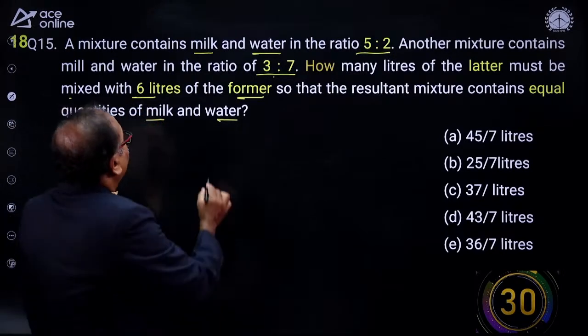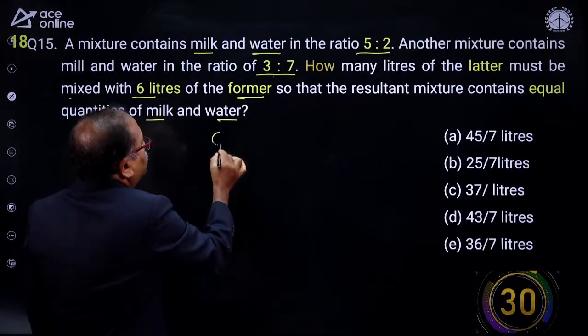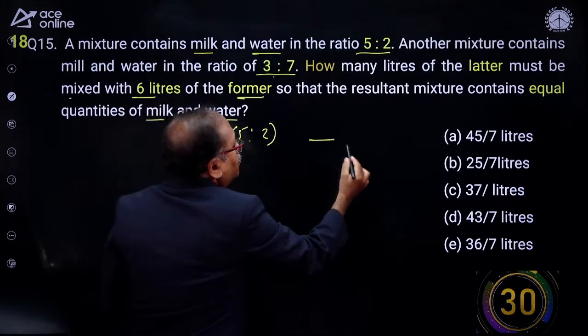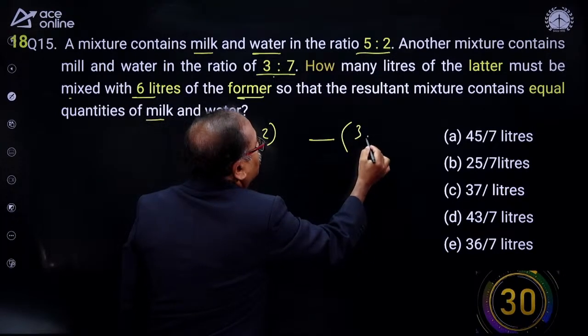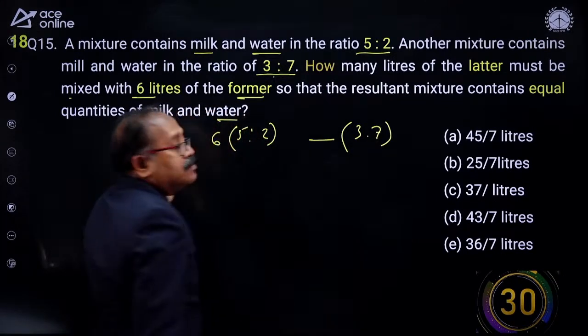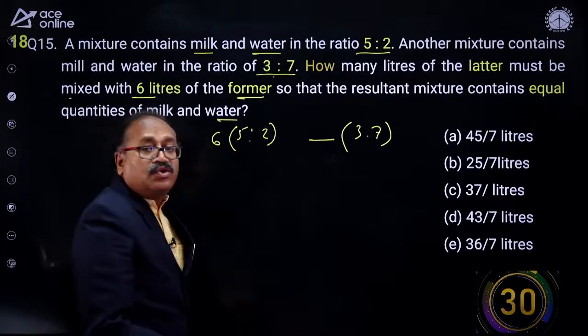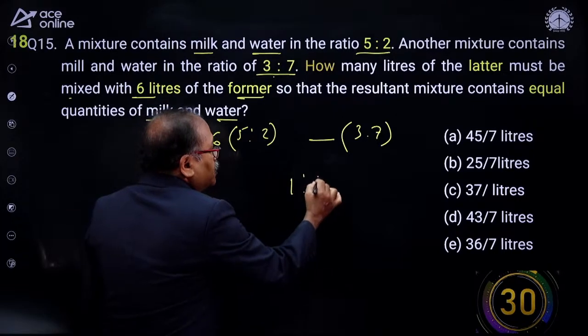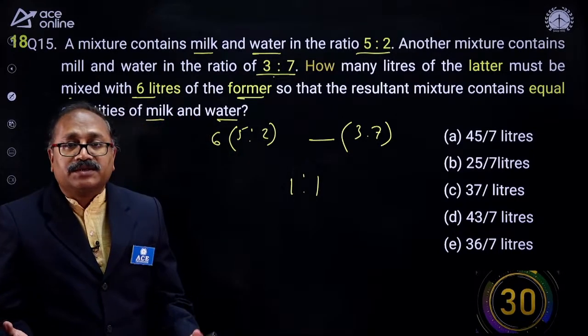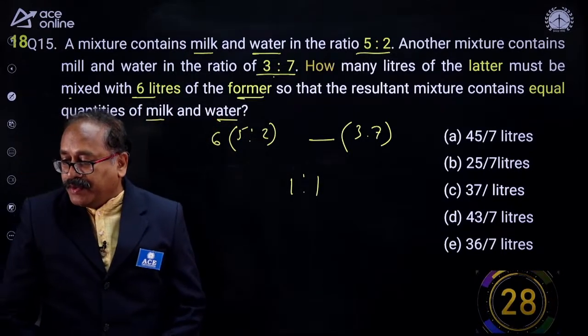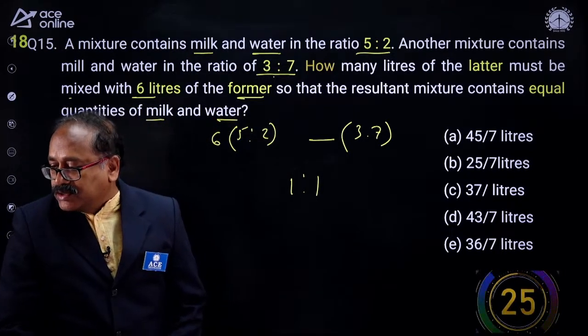So, in order to clarify, this is the former 6 liters, in which 5:2 is there. How many liters have to be taken in which the milk and water is 3:7, so that the milk and water ratio will be 1:1 in the mixture? This is what the question is. Your time starts now. Come on, try this.